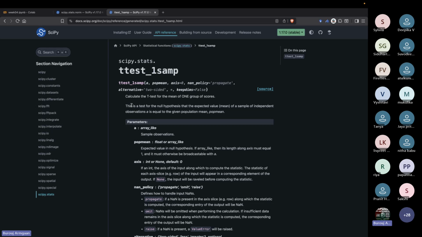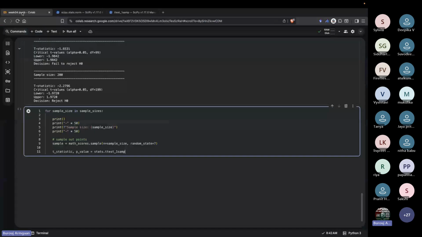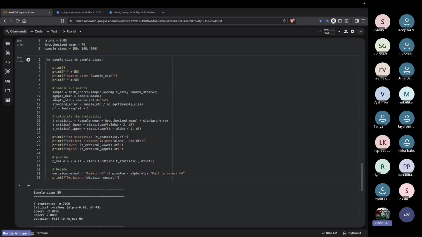This is the test for the null hypothesis that the expected value of independent observations is equal to the given population mean. This is for one group of scores. So we can use this particular thing. What does it expect? It expects a sample and it expects your hypothesized mean. So this returns both of these things at once that we had to calculate all the way here.